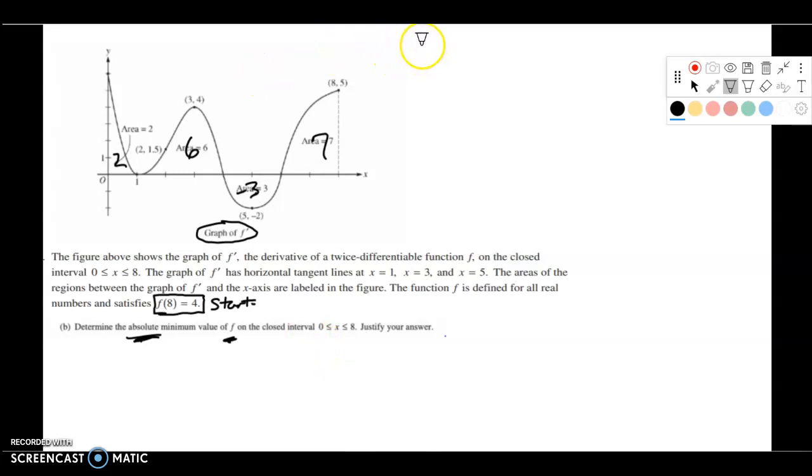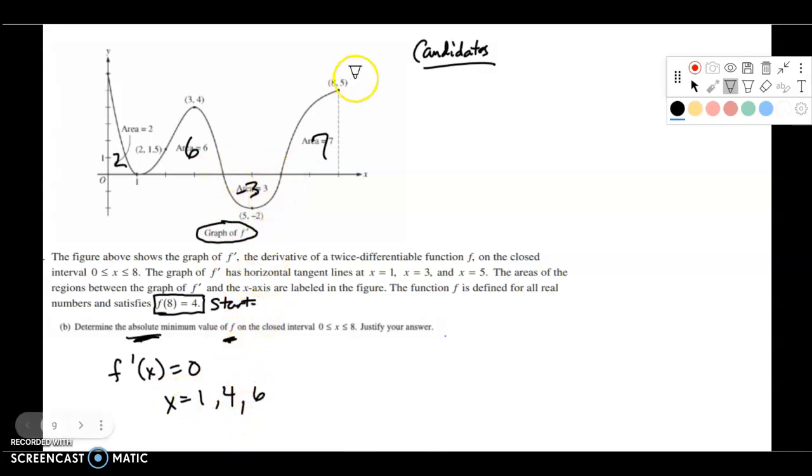All right, so to find the candidates, first of all, to find a min at all, you need to take the derivative of f, right? I want the minimum of f. So the derivative of f would be equal to 0. That's where my critical numbers are. So my critical numbers are going to be 1, 2, 3, 4, 5, 6.